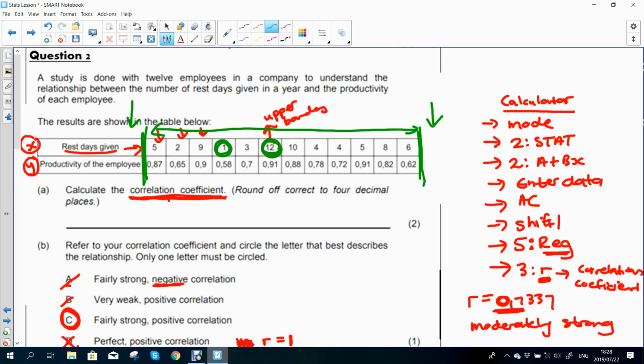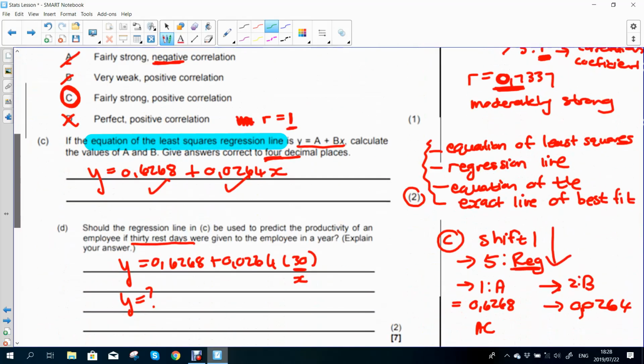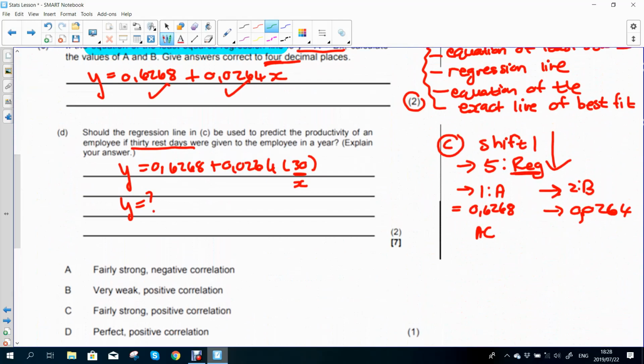So the equation only gives you the trend between 1 and 12. So can I trust it? Can I trust if I am predicting what the productivity will be for 30 rest days? And you will say no.